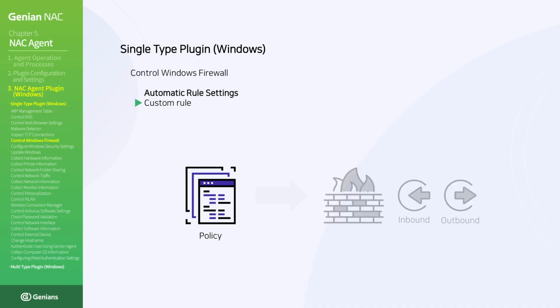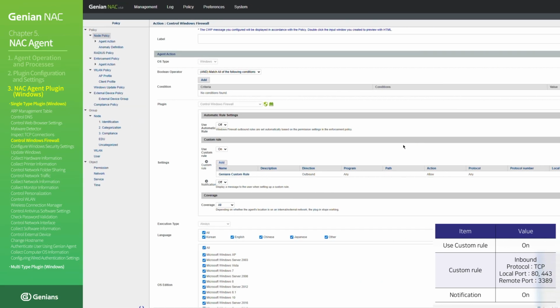The custom rule control option applies manually configured inbound and outbound policies from the plugin as Windows firewall rules. To apply the custom rule settings in the Control Windows Firewall node action, the following configurations are required.